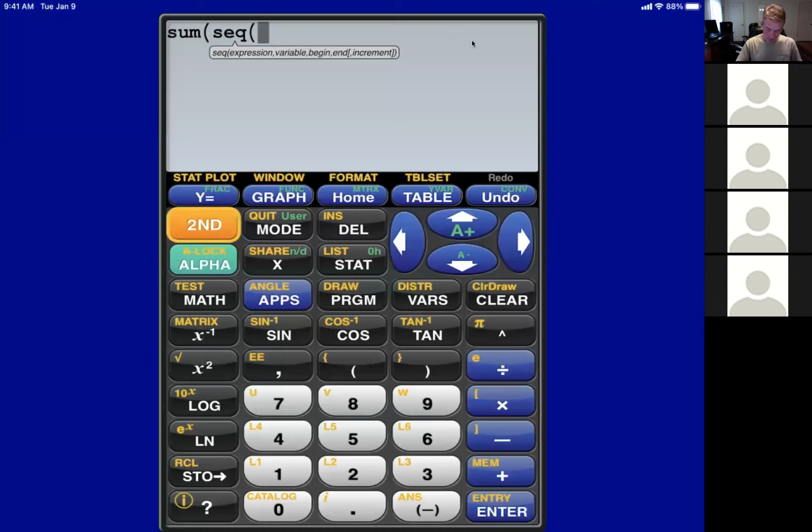And then it's the delta x, so that's pi over 100 times sine of x, comma, x is the variable, and then start at pi over, what was the first one? It was pi over 200. And then 199 pi over 200. And then finally the delta x, pi over 100.